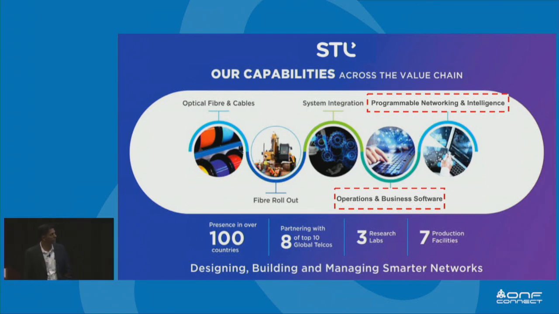Second one is the SI, the system integration services. We are building networks in a lot of countries, and we are partnering with the local vendors wherever we see those challenges. We are bringing partners on board and providing the network deployments for those geographies.